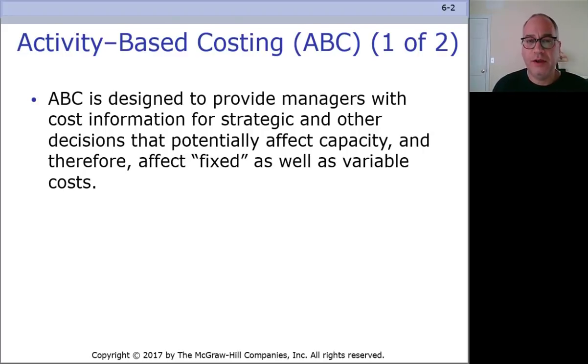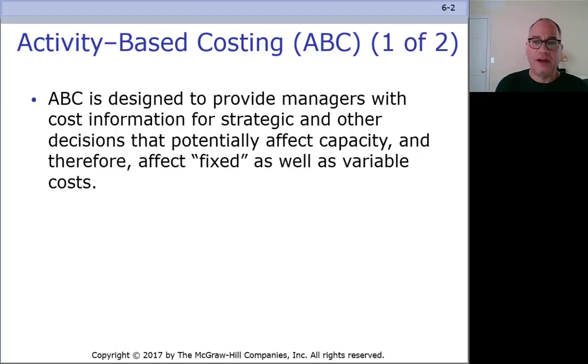What I'm going to talk about today is another costing method called activity-based costing, or ABC. The whole idea of ABC is to provide you with cost information that is a little more predictive of how costs behave.